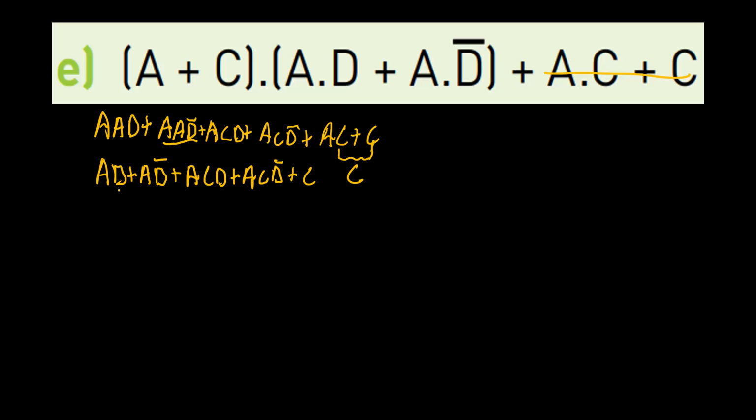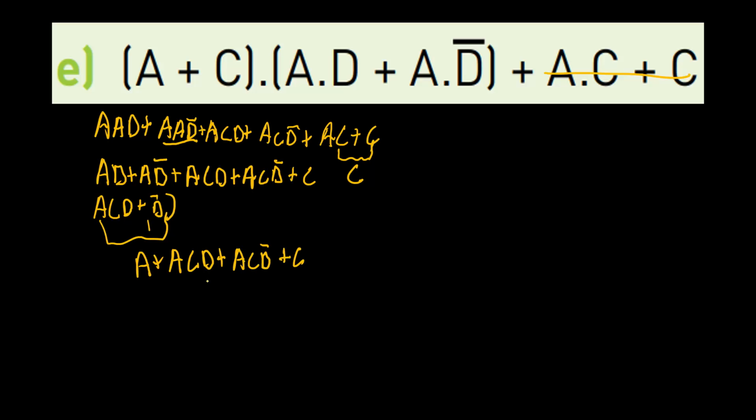Now, the next thing I notice is I can apply this right here. If I factor out this A, I get D or not D. Well, I know that's 1. So now this whole thing becomes A, and I'm just going to keep bringing those terms down. So AC, not D, and I see the next thing that I can work with, which are these two terms right here.